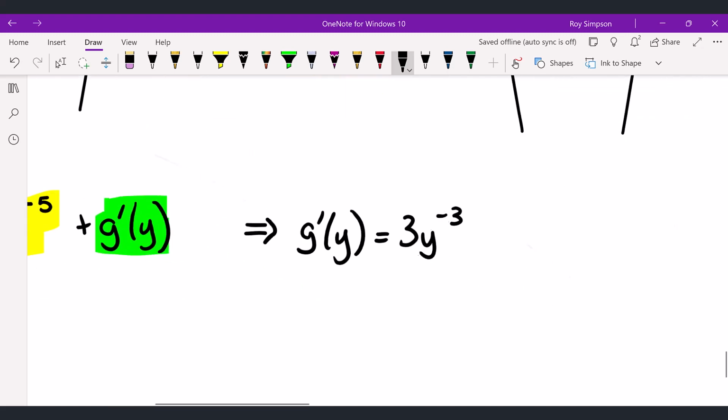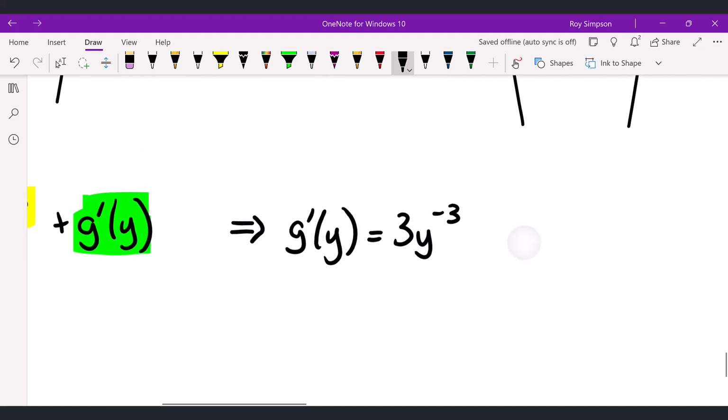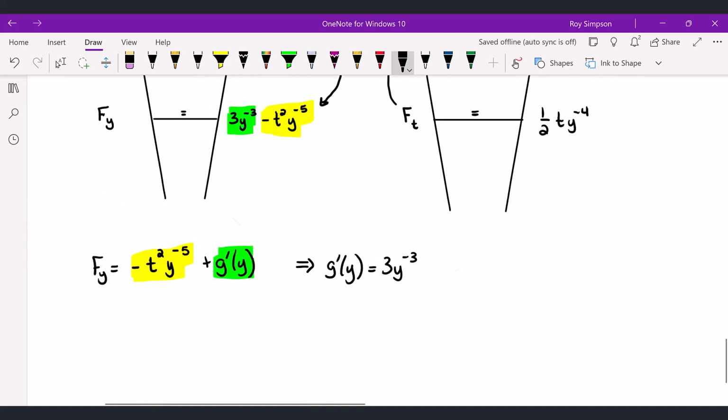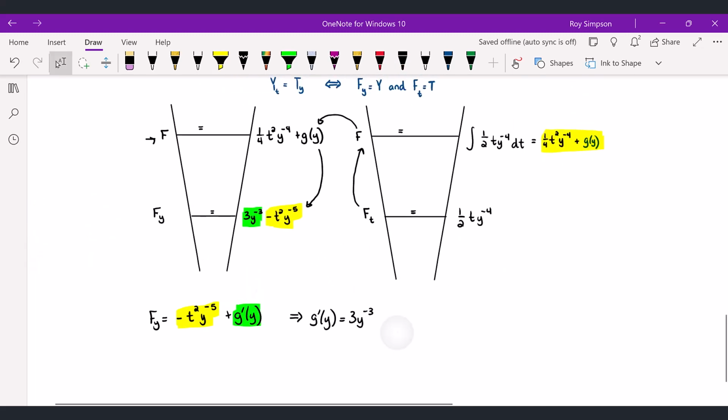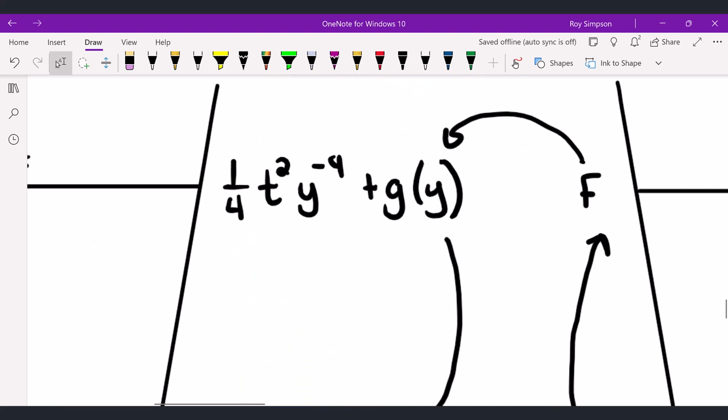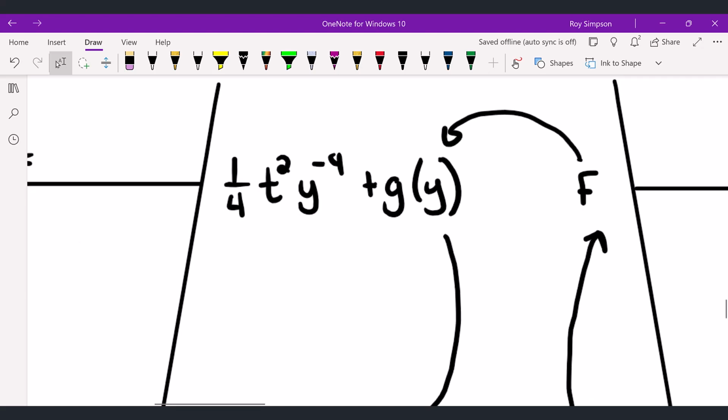And now I can find g by integrating both sides of this with respect to y. Remember, if you take a look up above, we happen to know what f of t, y is. It is 1/4 t² y to the -4th plus some unknown function g of y. We need to find that function.